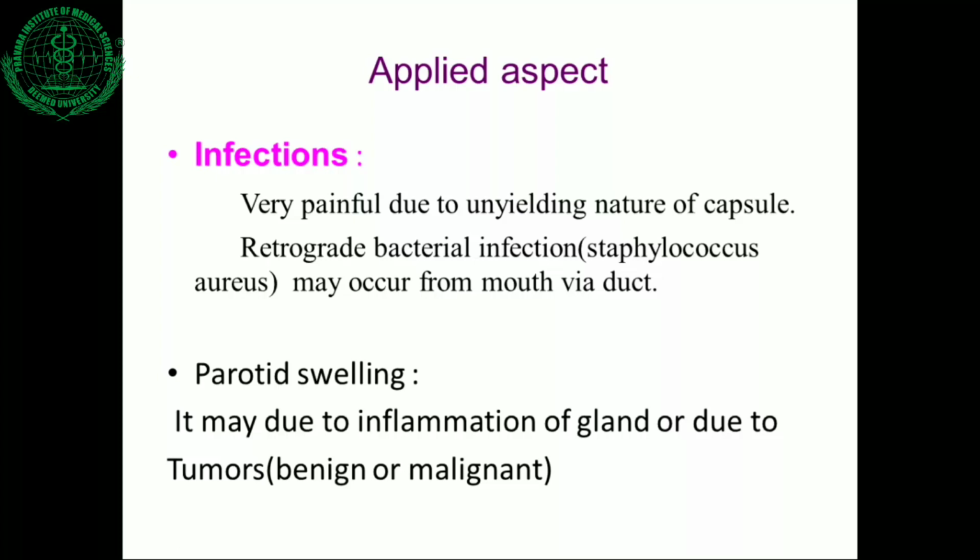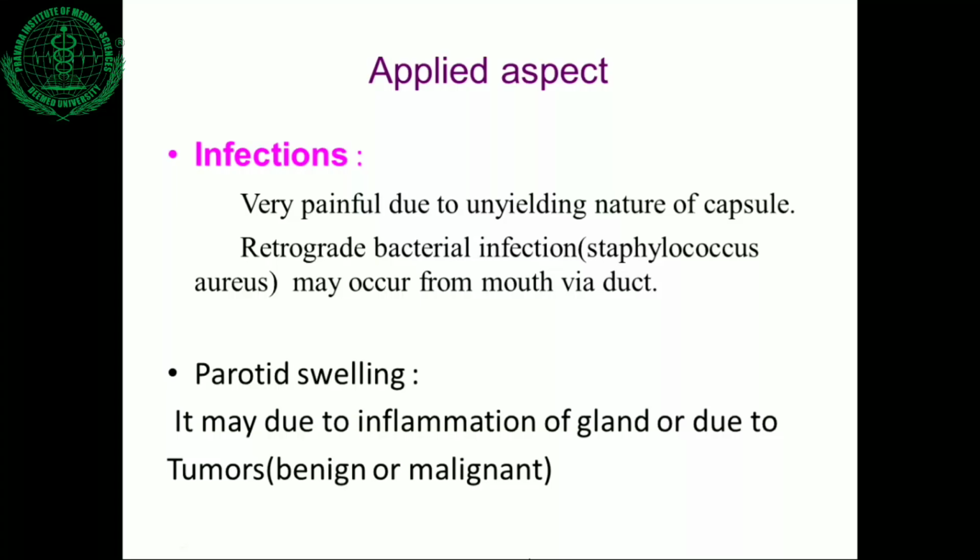Now here is the clinical anatomy of the parotid gland. First, the infections of the parotid gland. The main causative organism which causes infection to the parotid gland is Staphylococcus aureus.